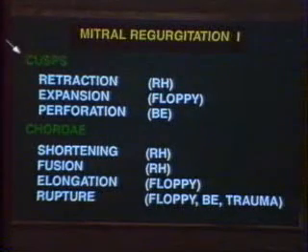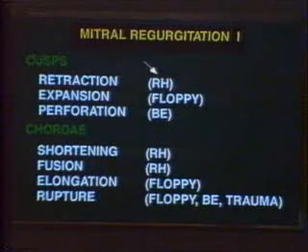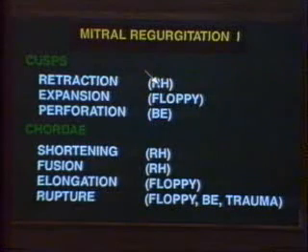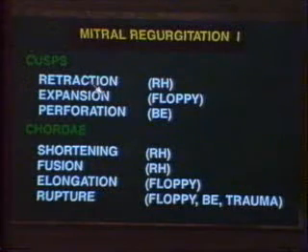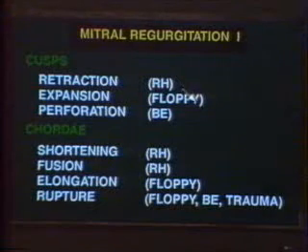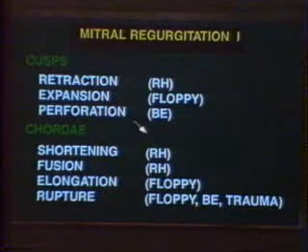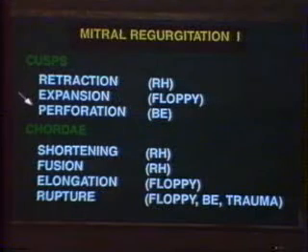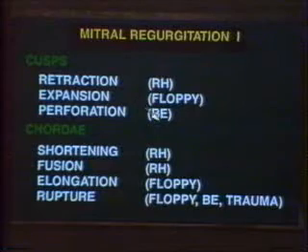If we're just looking at the cusps, they may be thickened and retracted, like you have seen Professor Davis demonstrate yesterday in rheumatic heart disease. The cusps can show expansion, which is what you see in floppy mitral valve or mitral valve prolapse, and the presence of a perforation points towards infective endocarditis.